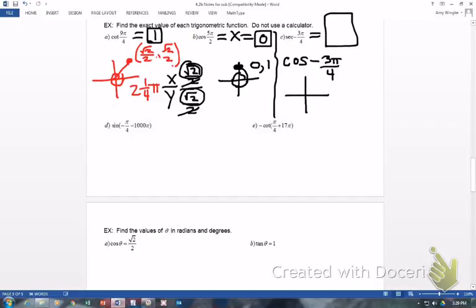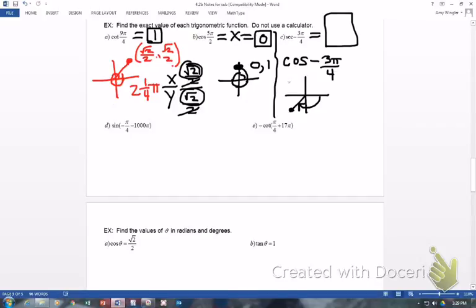So positive 3/4 pi is right here in quadrant 2. If I reflect that over the x-axis, that puts me right here for the terminal side of the angle in quadrant 3. So this is negative 3/4 pi.